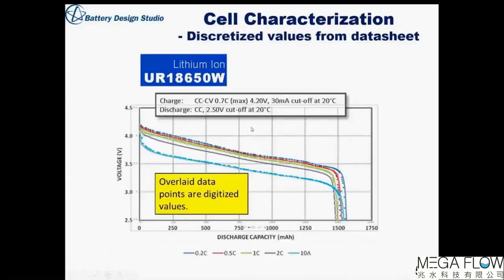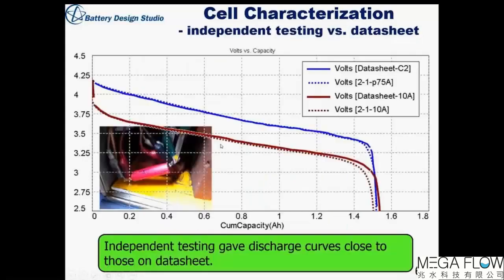The first thing we're going to do is take the data sheet and digitize the discharge curves from those data sheets. And so this is, again, from the manufacturer. The solid lines are the data sheet, and the points are the digitized values. We independently validated the discharge data.